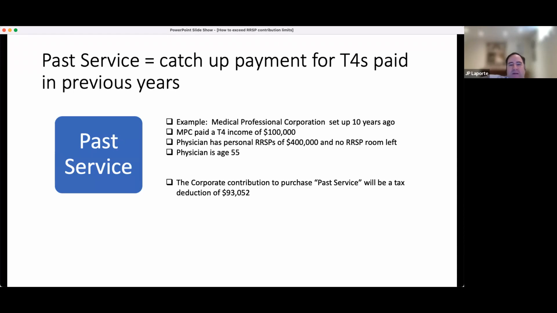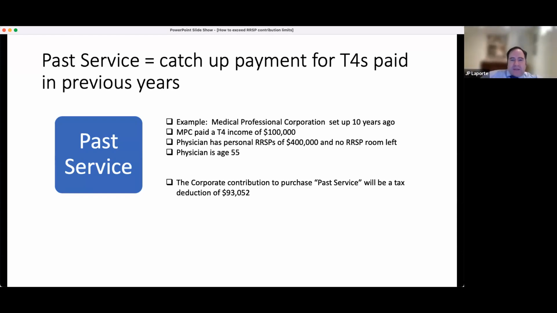So let's say, in a given example here, we have an MPC, a Medical Professional Corporation, that was set up 10 years ago, and the company, on the advice of the accountant, for example, paid the doctor 100 grand a year. The rest was either kept in the company or distributed in the form of dividends, or maybe they called Andrea and purchased a policy.